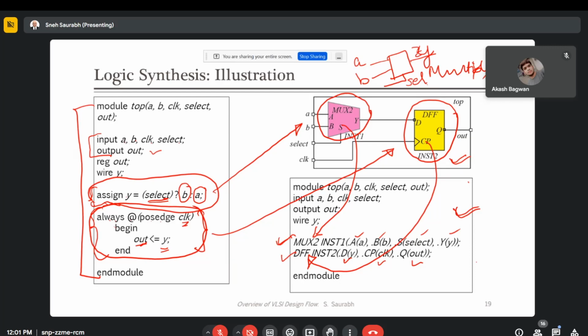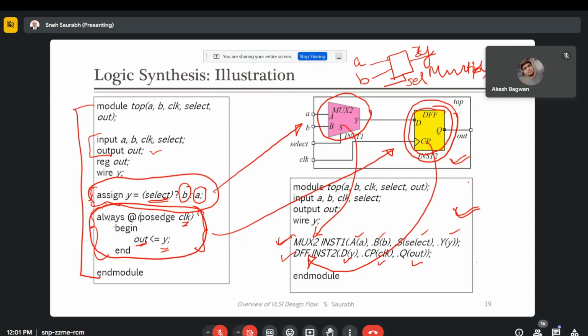Now a question will come: which flip-flop will be put in this? There can be many different types of implementation of a flip-flop. Which implementation of flip-flop will the tool put in our design? Which kind of flip-flop and which kind of multiplexer will be put in our design will be defined by the other inputs that we gave to the logic synthesis tool.